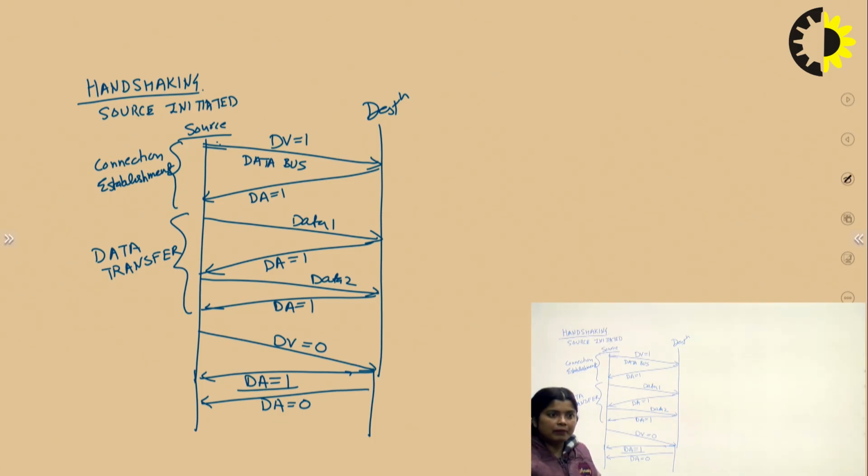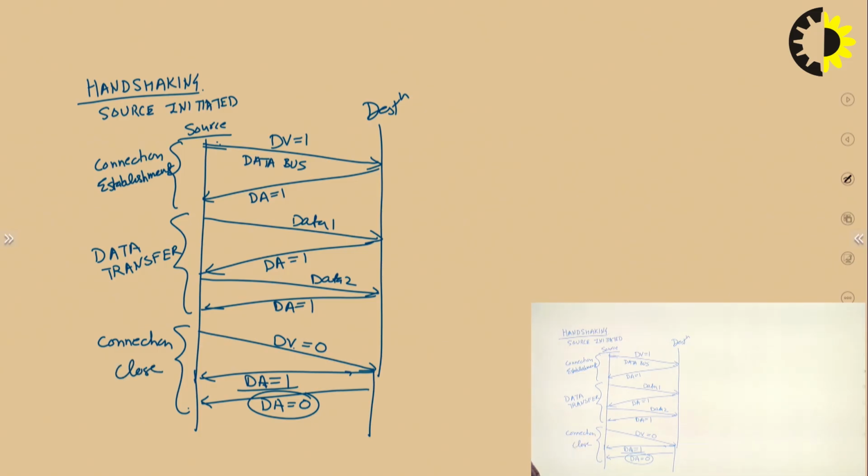You are transmitting, the connection closes from here, and now the destination is transmitting DA equal to 0, which means I received your DV equal to 0 and I am ready to close the connection. After that, the connection is going to close.